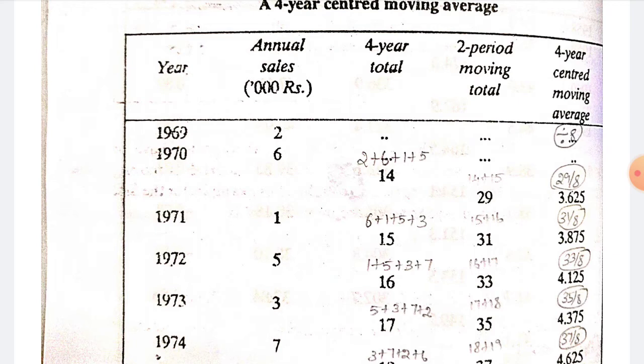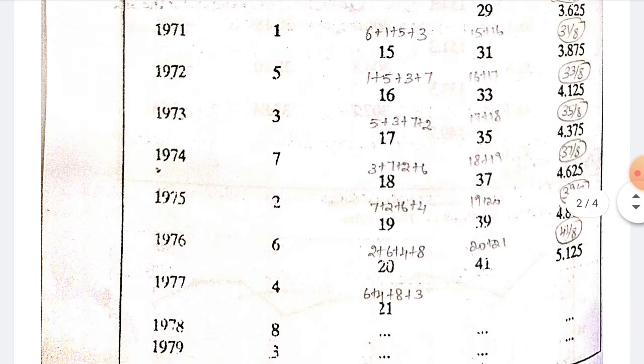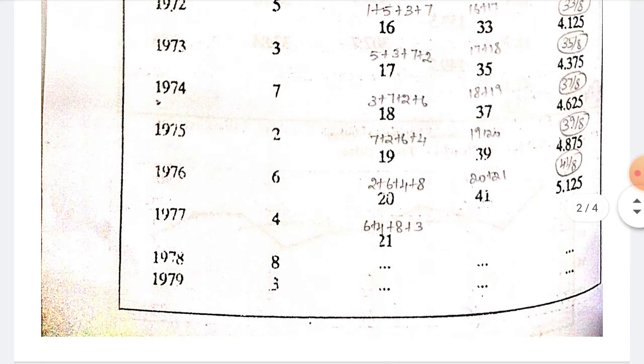The next is 6 plus 1 plus 5 plus 3, that is 15. Here we add 4-year totals: 1 plus 5 plus 3 plus 7 is 16. 5 plus 3 plus 7 plus 2 is 17. 3 plus 7 plus 2 plus 6 is 18. 7 plus 2 plus 6 plus 4 is 19. 2 plus 6 plus 4 plus 8 is 20.